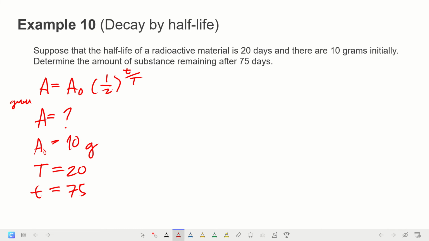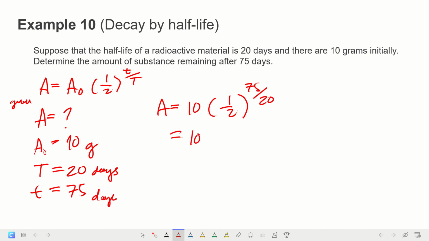Let us now substitute in this equation. A is equal to 10 grams times 1/2 raised to 75 divided by 20. Since pareho naman silang in terms of days, there's no need to convert. So, 10 times 1/2 raised to 3.75, because 75 divided by 20 is 3.75.